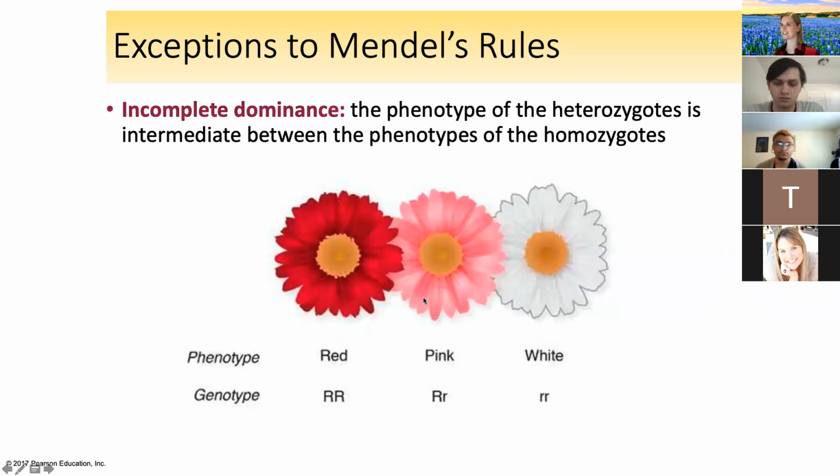All right, so our first term here is called incomplete dominance. When we're talking about incomplete dominance, we're looking at a true blending of the traits. I talked with Wesley this morning about this because it's a confusing topic, I think.